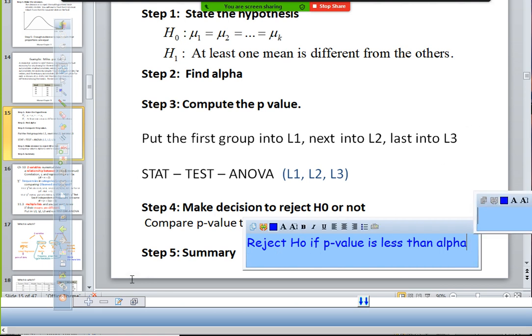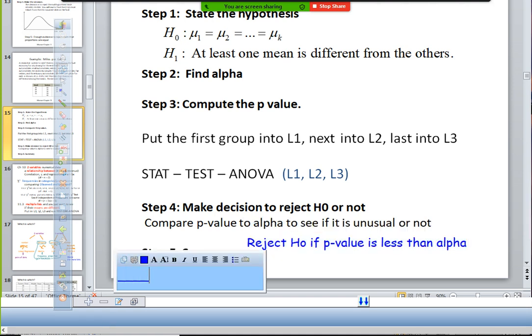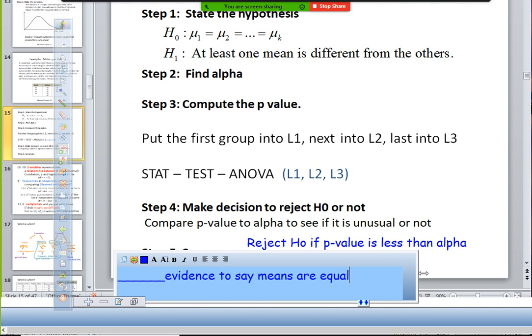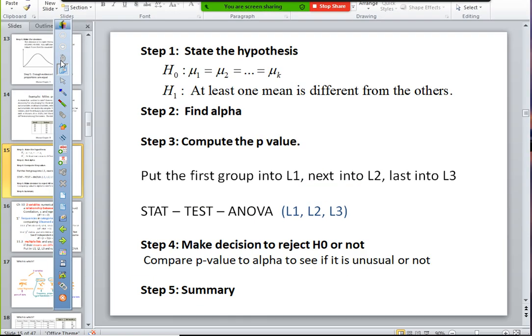And then the summary would just be either you have enough or you don't have enough evidence to say means are equal. That's it. It's close enough. That is all that I'm going to require for this one.